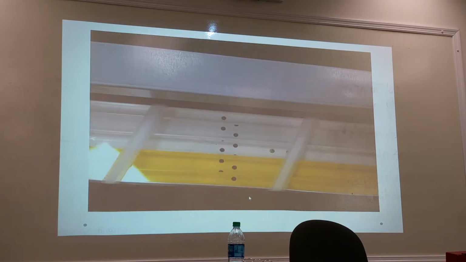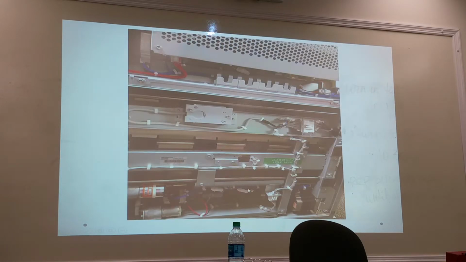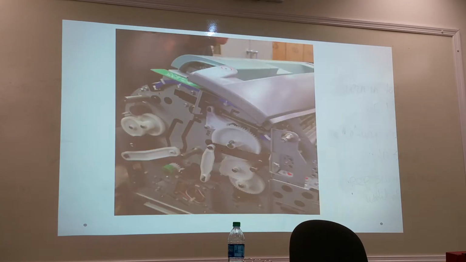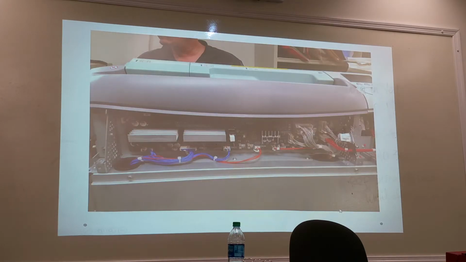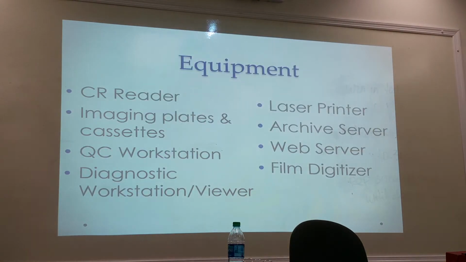Again, those need to be cleaned. We don't want any debris on the light bar or any of the parts that would uptake the image. So this is the back of it, I think. And again, you see the rollers, the pulleys for that. This is a lot more complicated than it looks. Not something I think I could repair very quickly if something was wrong with it.